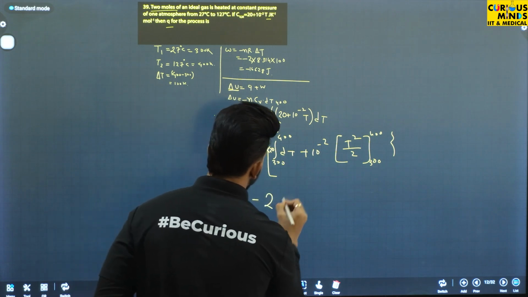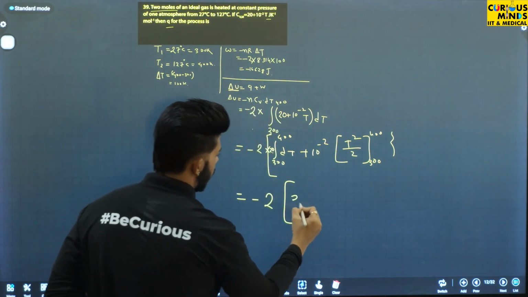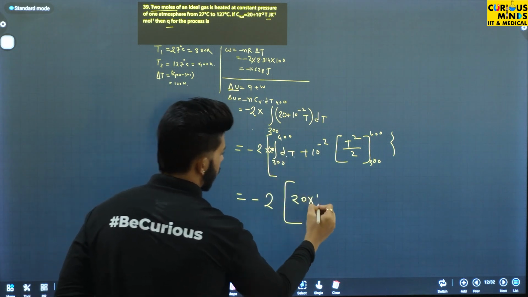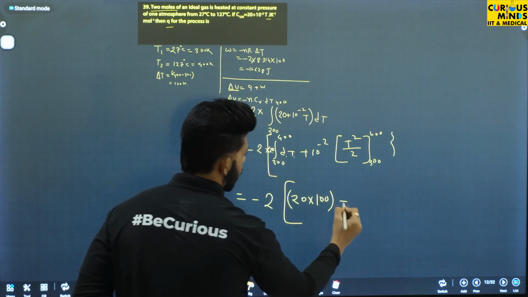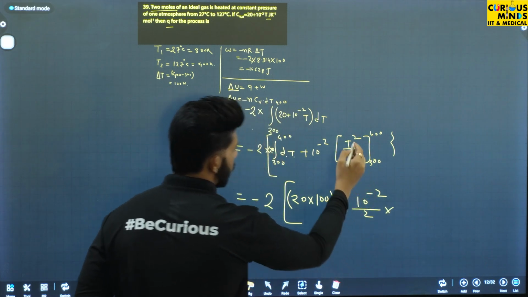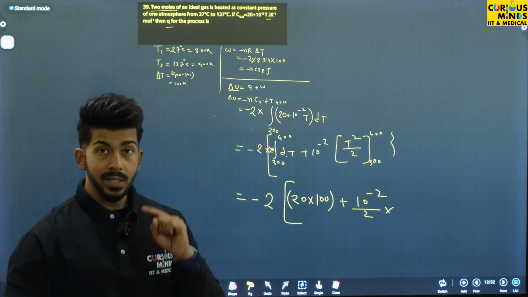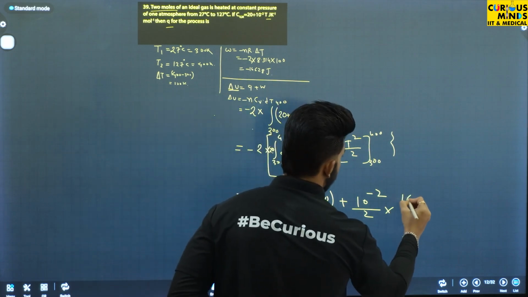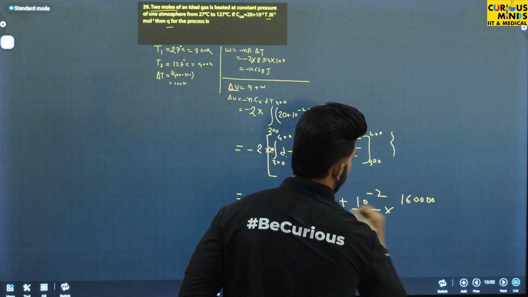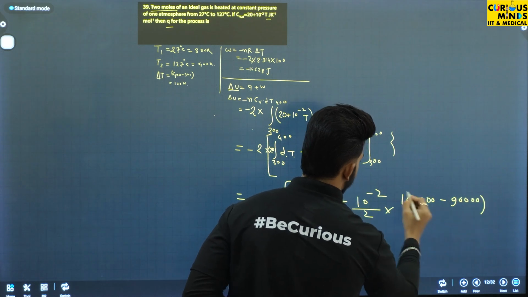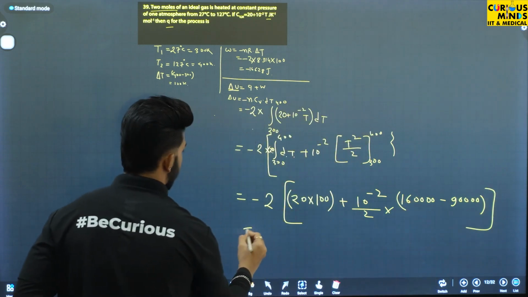So this is 20 into dT, dT means t2 minus t1 which is 100, plus 10 to the power minus 2 by 2 into t square, that means 400 square minus 300 square. 400 square means 160000 and minus 90000. This is what you have to solve.